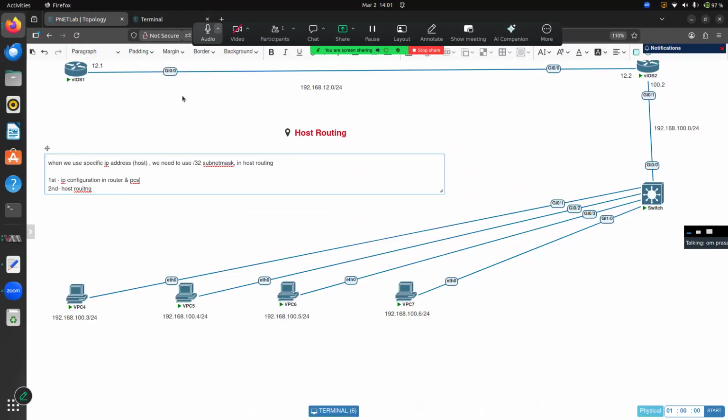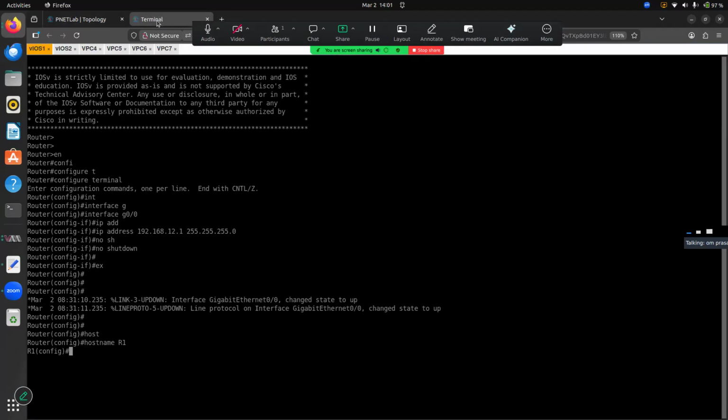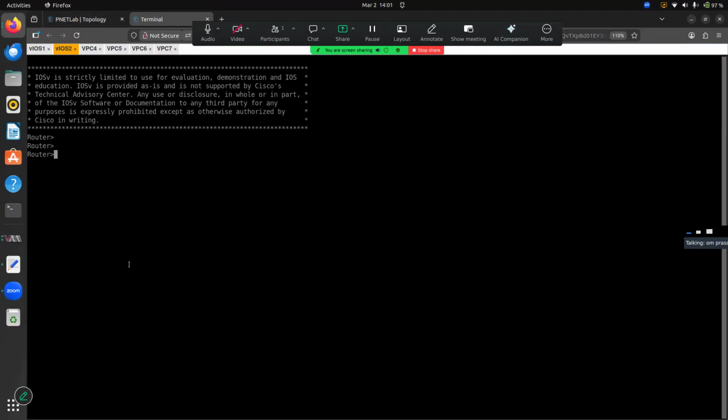Okay, Arun. The 12.2 comes to Router 2. Enable, configure terminal, interface gig 0/0, right?